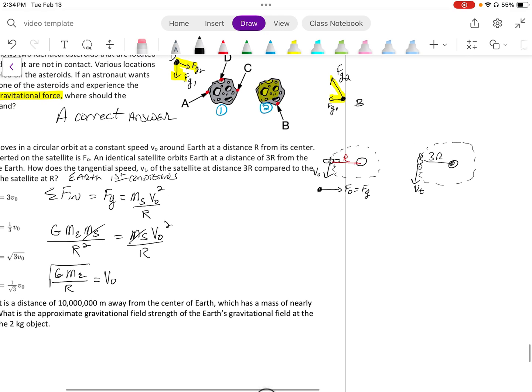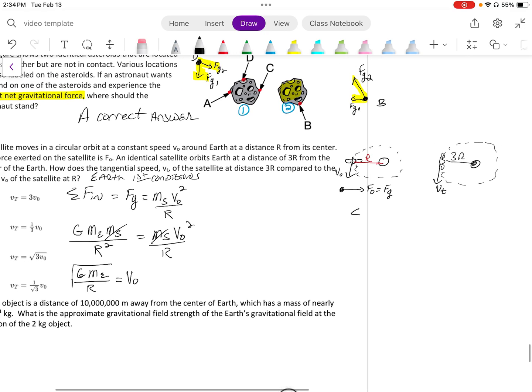Now I'm going to do the same thing for this new condition, this second satellite, and I will sum the forces inward. That is equal to the force of gravity acting on the second condition. Okay, this is the second condition.